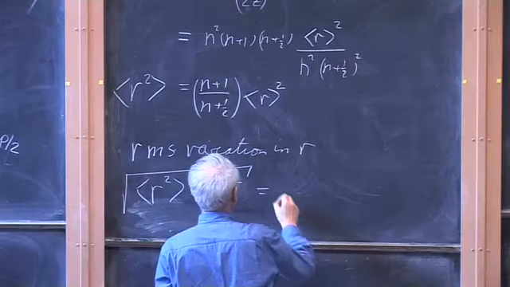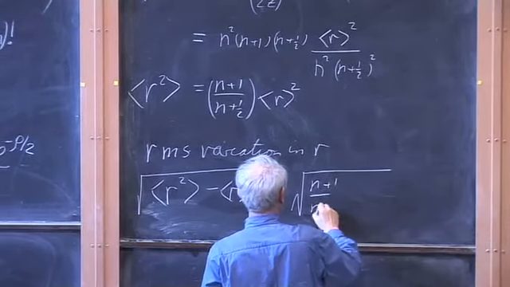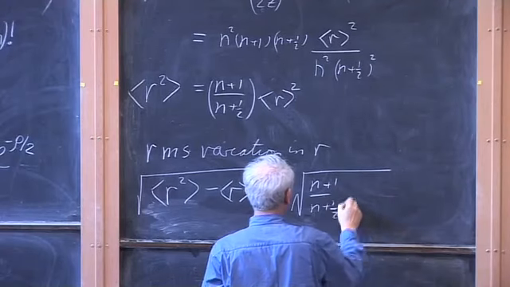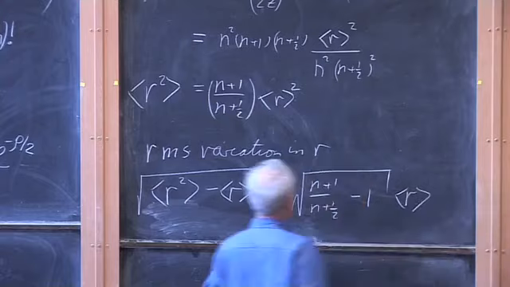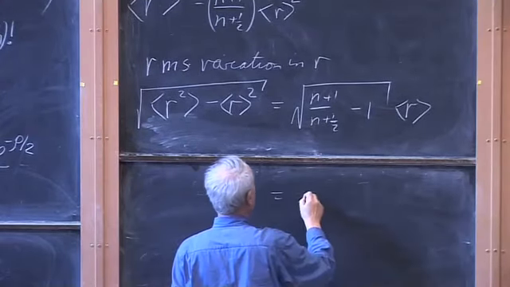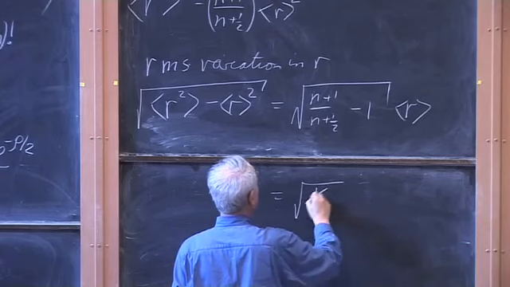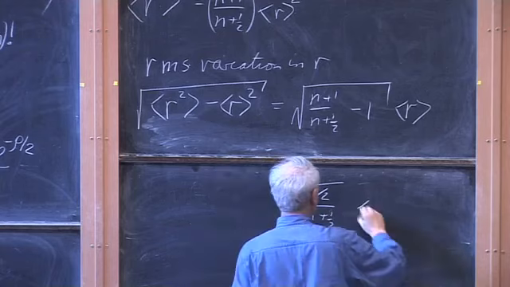So this is equal to the square root of (n+1) over (n+1/2) minus 1, times the expectation value of r. So you can easily see that this is going to come to something like the square root of a half over (n+1/2) of the expectation value of r.